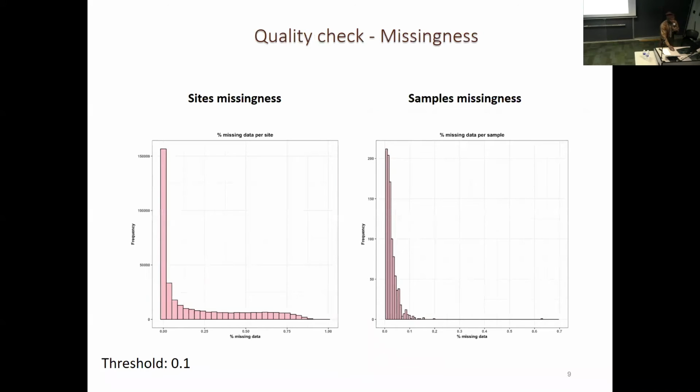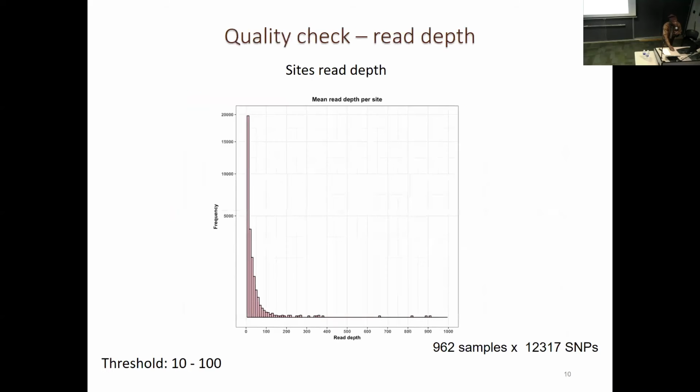For the site missingness, we use a threshold of 10%, so that those sites that have 10% and above missing across the samples are removed. Likewise, we do the same thing for the samples. We use a threshold of 10%, so that those samples that have 10% and above missing data across the sites are excluded.